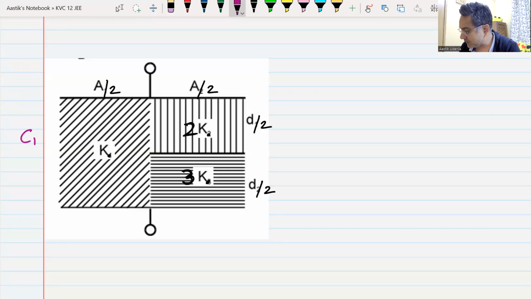If I call this capacitor as C1, what is the capacitance of this capacitor? Can anyone tell me?